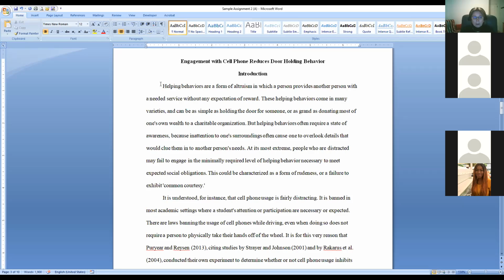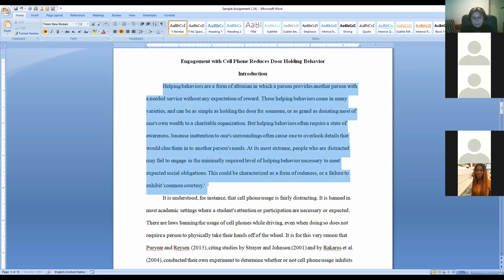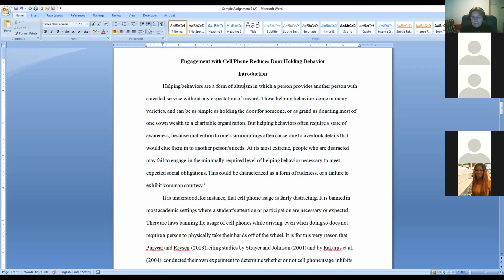Okay, so now let's look at the first paragraph again. This is the general introduction to your topic. This does not have to be already about your exact research idea. Remember that the introduction is always written like an hourglass. You start at the broadest level and then you narrow it down.